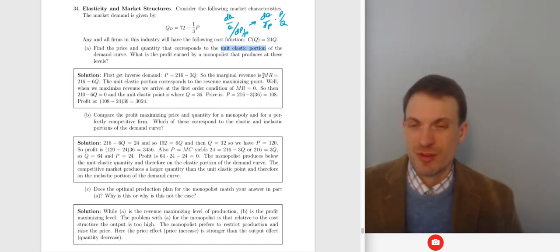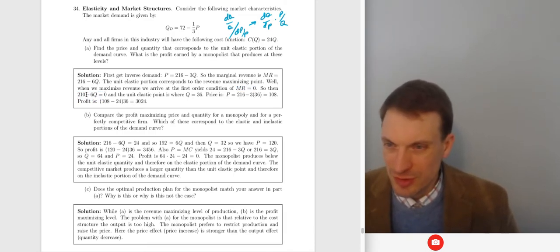So inverse demand is 216 minus 3Q. So marginal revenue is 216 minus 6Q. The unit elastic point corresponds to the revenue maximizing point. Maximizing revenue, we want marginal revenue equal to 0. When does this happen?